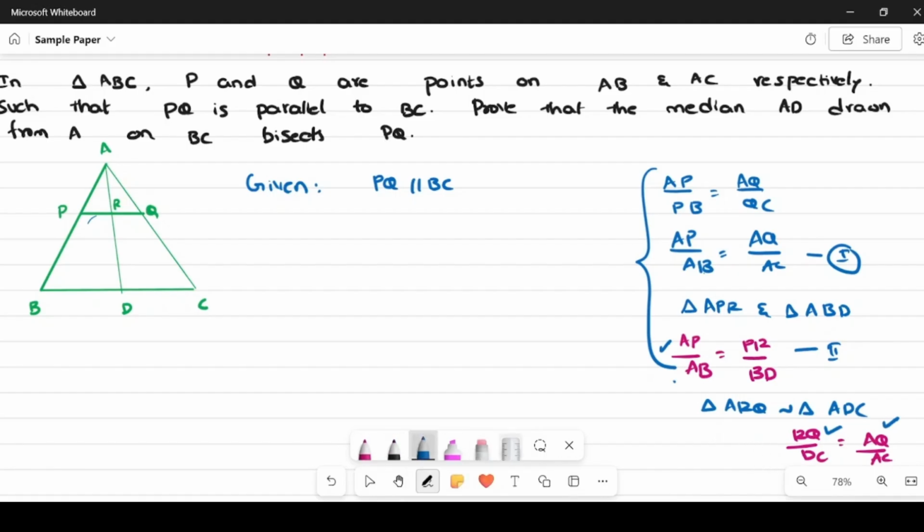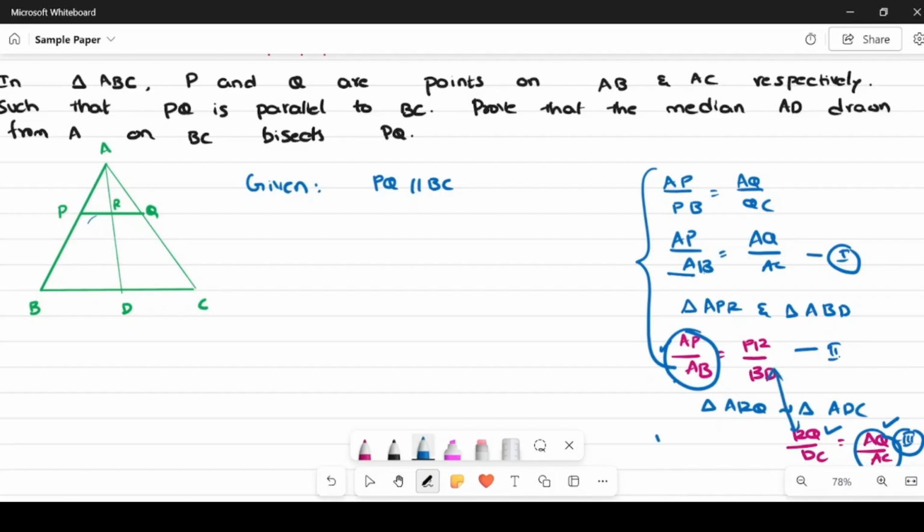Now let's say this is relation 3. Now see, from 2 and 3, AP by AB is equal to PR by BD and RQ by DC is equal to AQ by AC. But from 1 we have AP by AB is equal to AQ by AC. That means AQ by AC is here, AP by AB is here, so these two are equal.